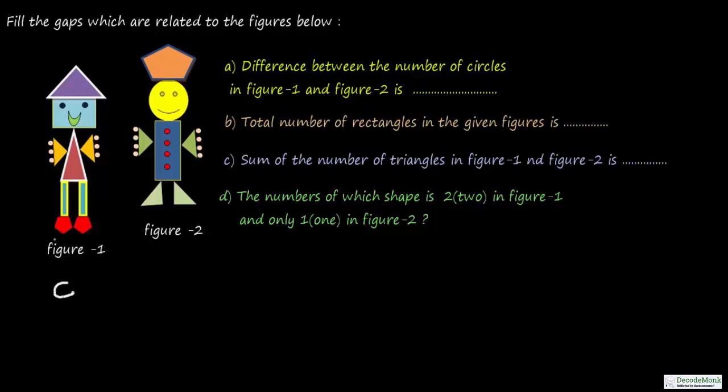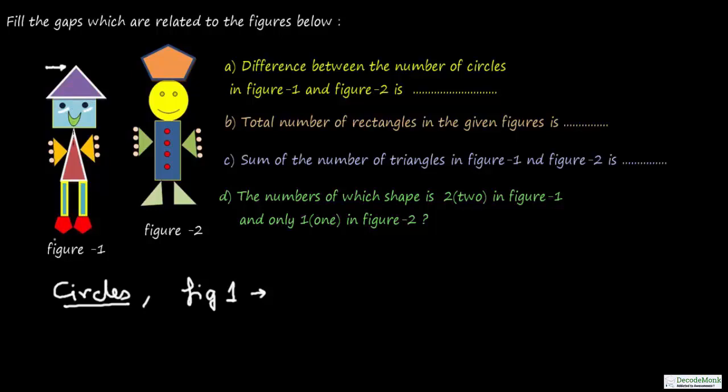So circles in figure 1. Let us count the number of circles in figure 1. In such type of questions, start looking from one end. So we will start from the top end. From the top end you first encounter two circles, the eyes, 1 2.